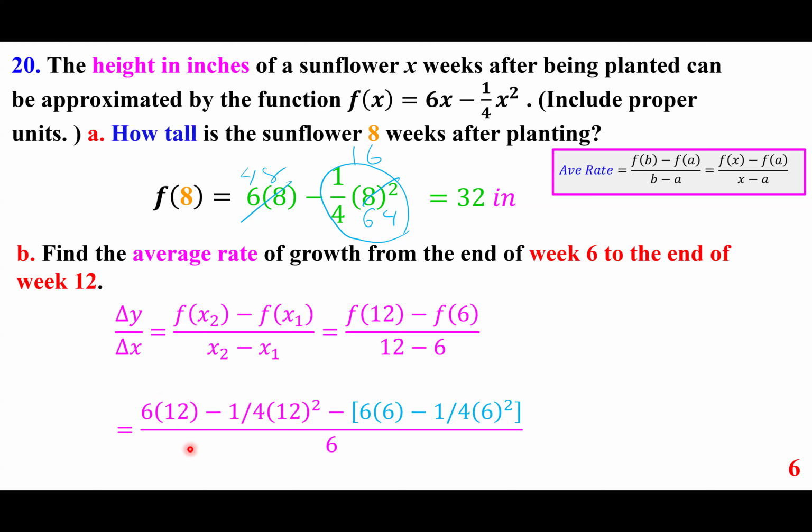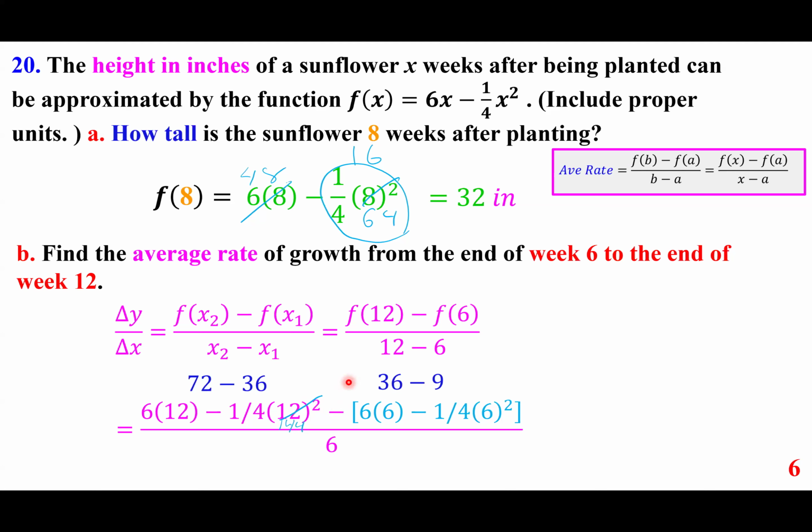If this is 144, 1/4 of it is 36. This is 36. This is also 36. 1/4 of it is 9. So this is 72 minus 36. This is minus 36 minus 9.